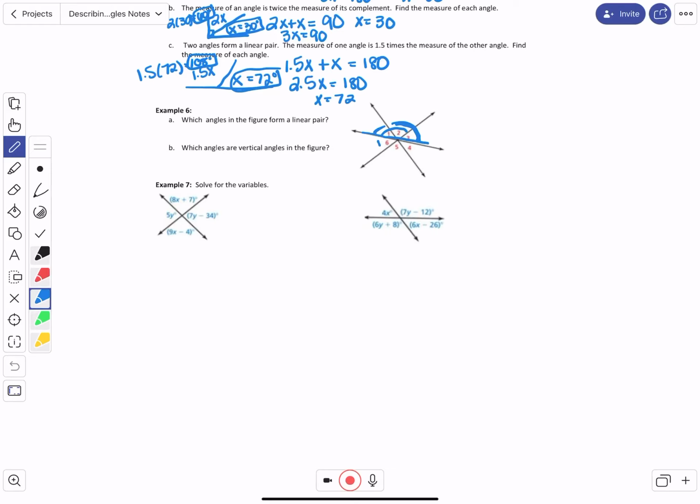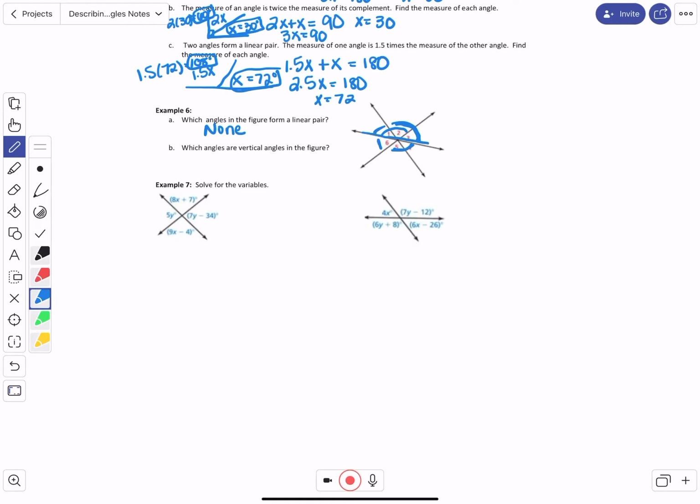Or you could say angle 6 with angles 5 and 4, okay? So none of them really form a pair. So on this one, it's kind of a trick question. So you would say none, because there's no 2 angles that form a linear pair, because no 2 angles are on a straight line.